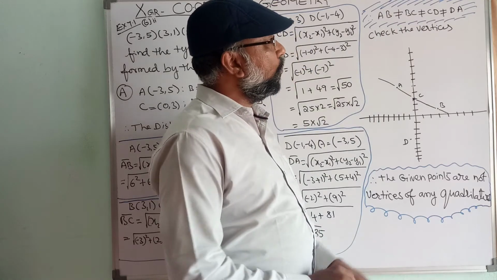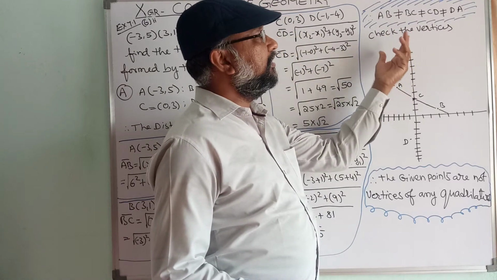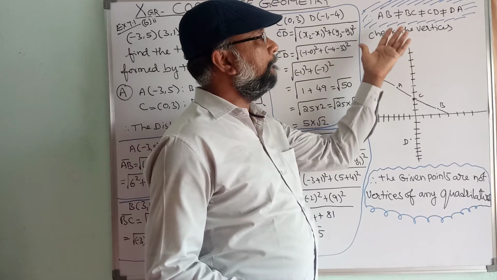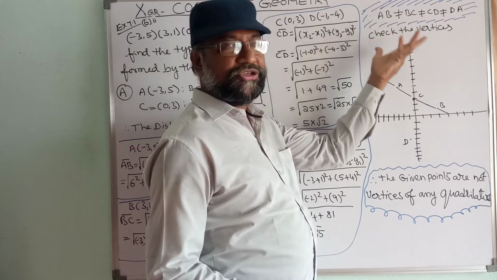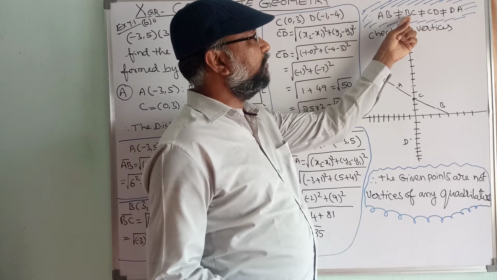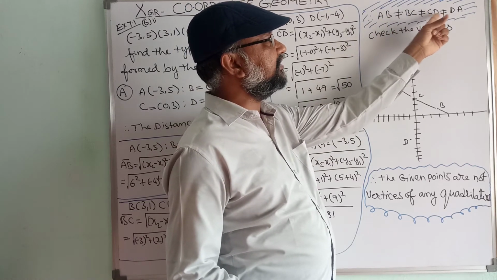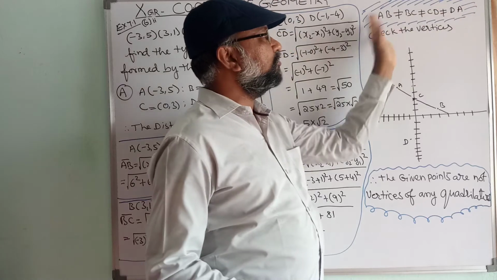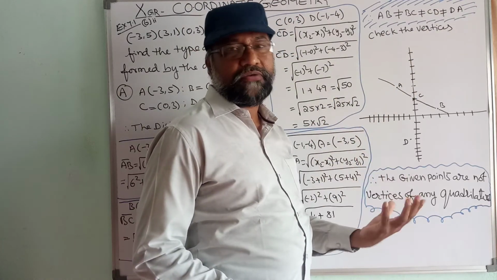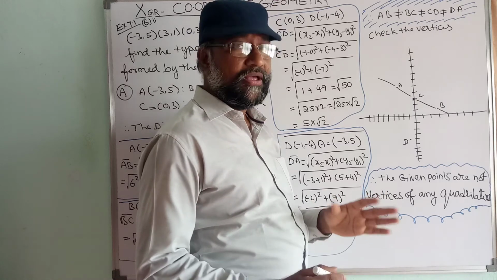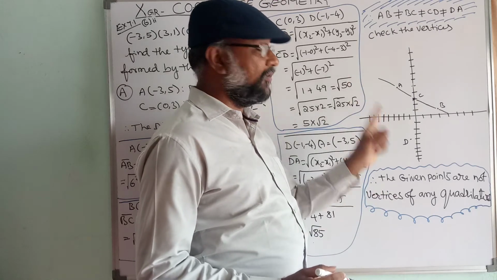There is no pair of equal sides, so it is not a trapezium either. We have AB not equal to BC, BC not equal to CD, CD not equal to DA. So there is no equality to check the properties of a quadrilateral. We have to check in another way.